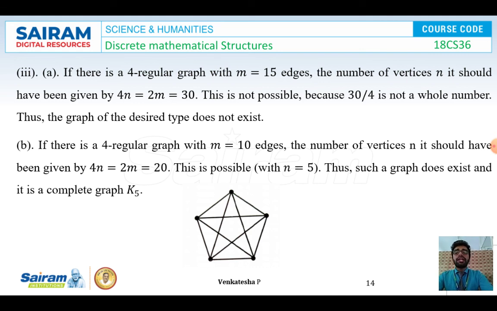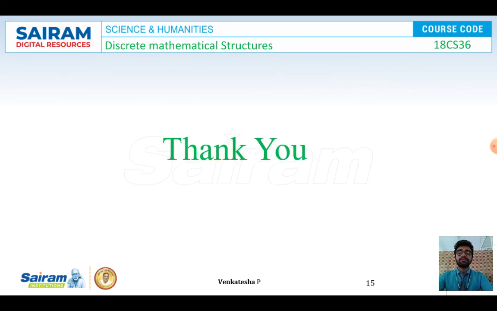The next condition is a 4 regular graph with m is equal to 10 edges. I'll replace k is equal to 4 and m is equal to 10 in the formula, and I get n is equal to 5 vertices. So it is obviously true, we can plot a graph with 5 vertices and 10 edges, and this graph is given here. This graph is nothing but the K5 graph, or we can call this graph Kuratowski's first graph. Thank you.